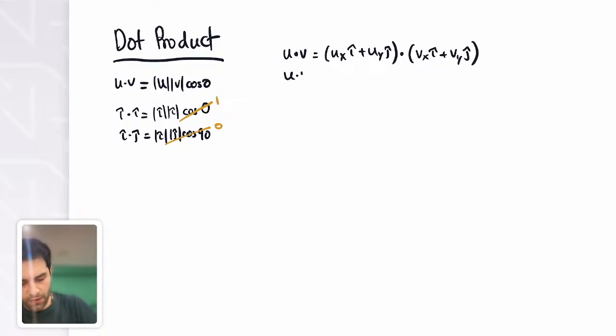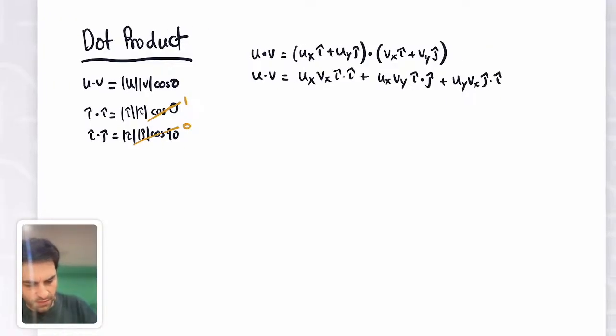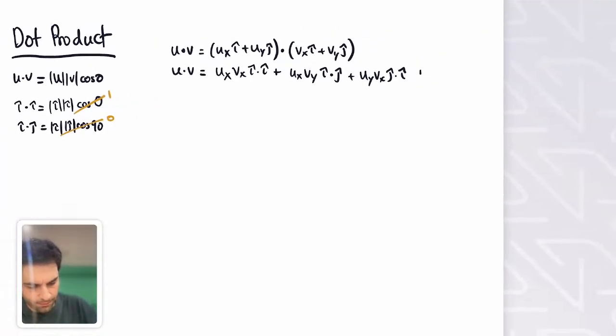So u dot v, therefore, is going to be ux vx i dot i, plus ux vy i dot j, plus uy vx j dot i, plus uy vy j dot j. Got it?